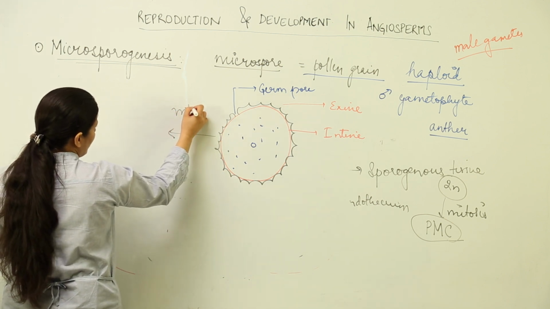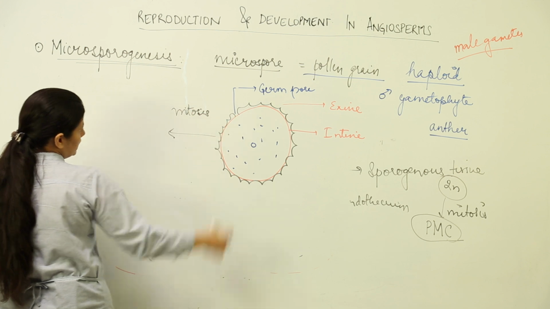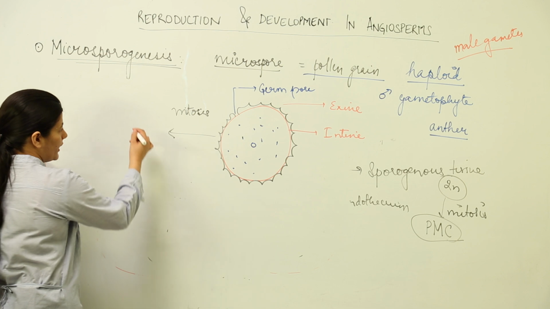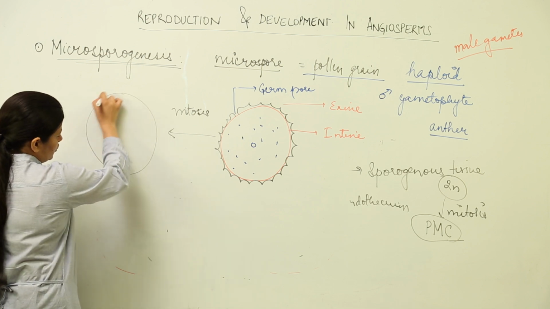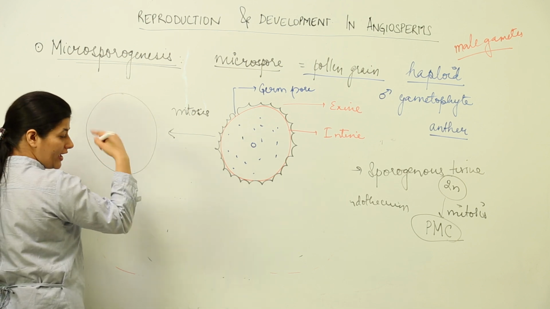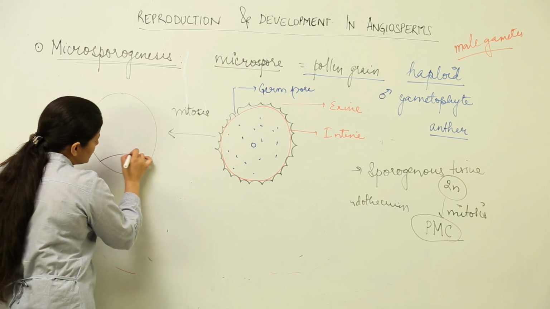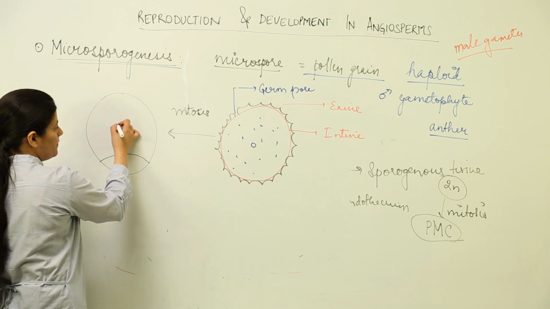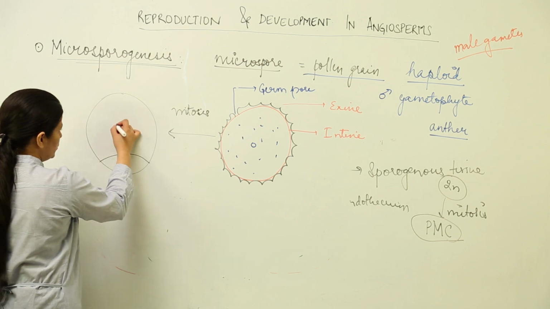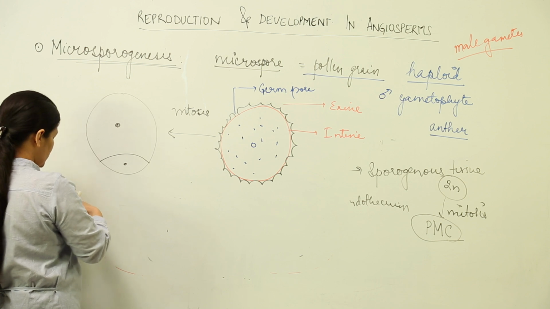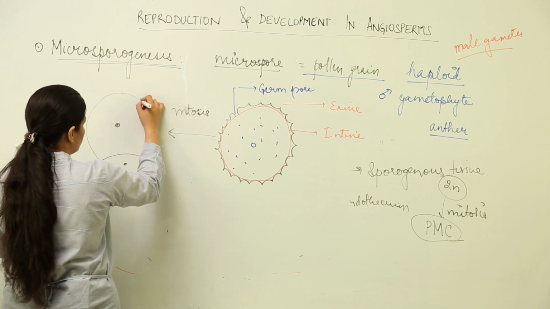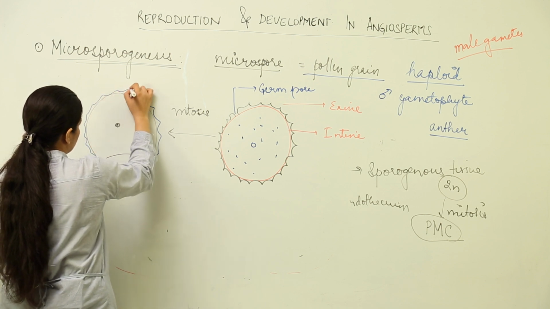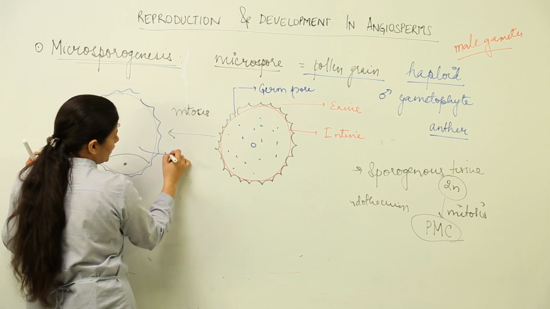As you know, mitosis results in the nucleus dividing into 2, forming 2 different nuclei. Later on, that division of the nucleus is followed by cytokinesis, and what we get as a result is a spindle shaped generative cell and a huge vegetative cell. This pollen is entirely like that, like this. This is the generative cell.